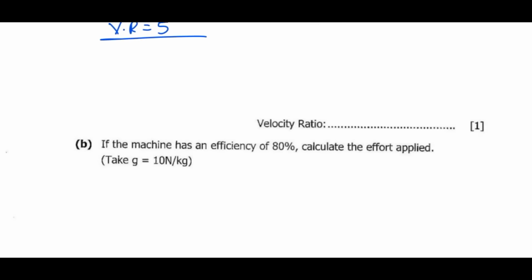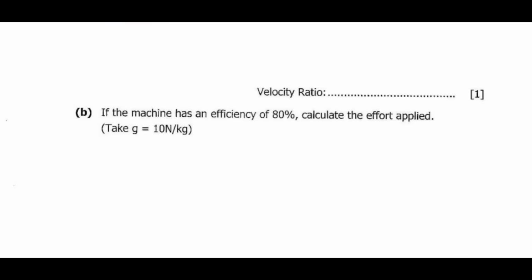Let's move on to question B. If the machine has an efficiency of 80%, calculate the effort applied. So we know that mechanical advantage is equal to load over effort. For us to find the effort, first we need to find the mechanical advantage. How can we find mechanical advantage given the efficiency and the velocity ratio?